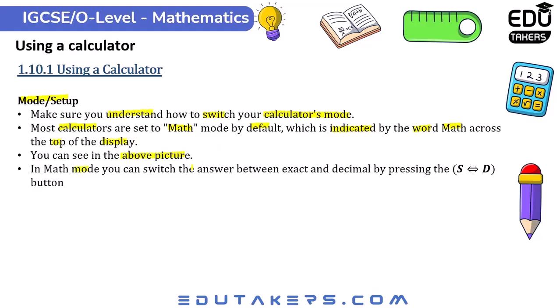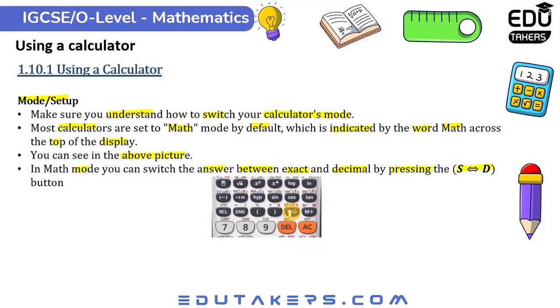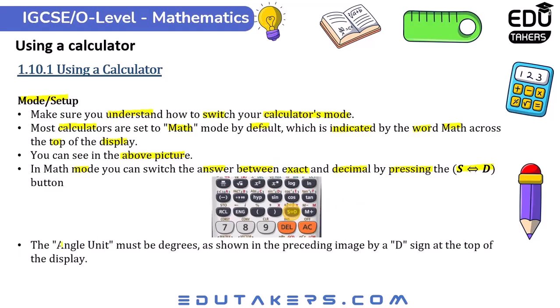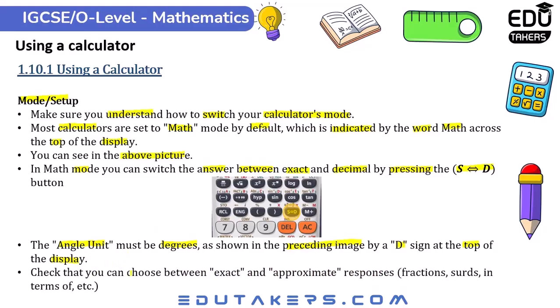In Math mode, you can switch the answer between exact and decimal by pressing this key, which is here, this one. The angle unit must be degrees, as shown in the preceding image by a D sign at the top of the display. Check that you can choose between exact and approximate responses, fractions, thirds, in terms of pi, etc.